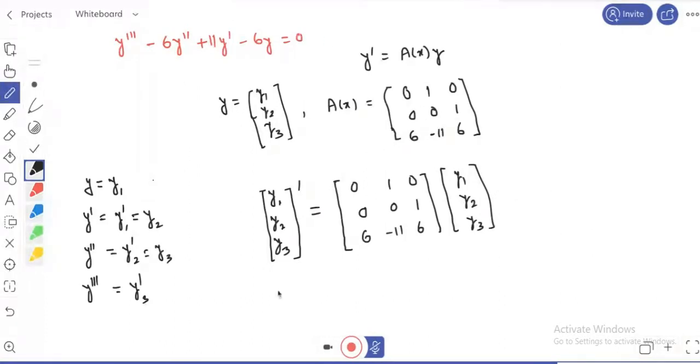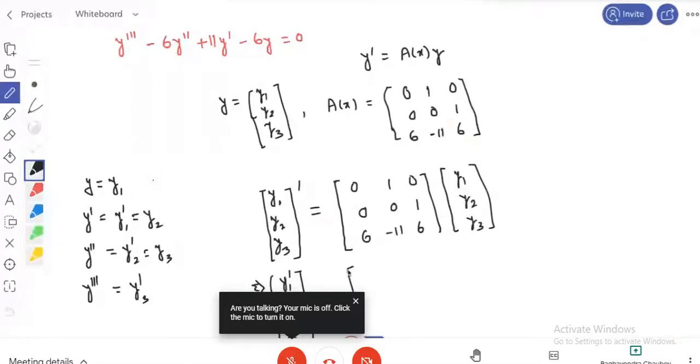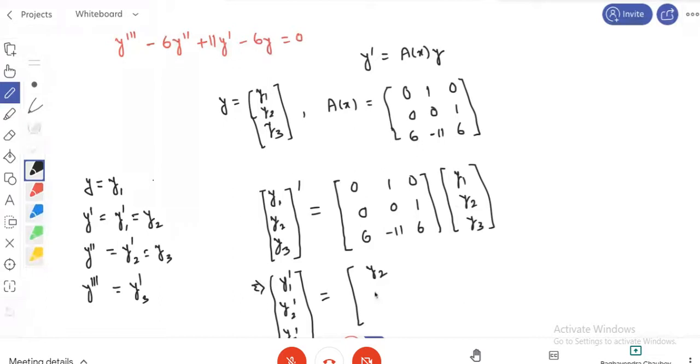Now if we multiply this term with this, you get y1 prime, y2 prime, y3 prime, which is your left hand side. If you multiply here, this is 0 and this is simply y2, so you get y2. In the second row with 0 0 1, this is y3, and the last one is 6 y1 minus 11 y2 plus 6 y3.